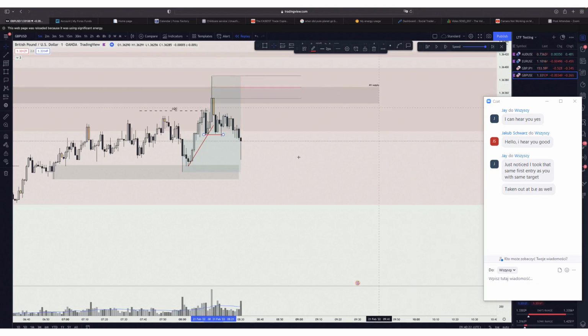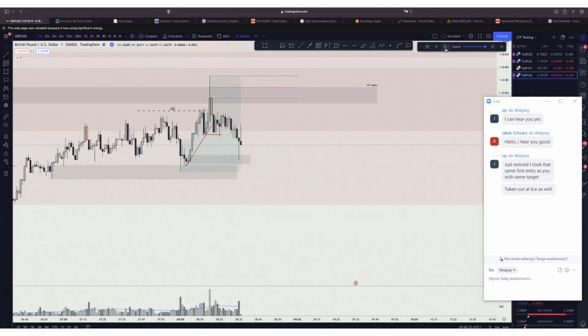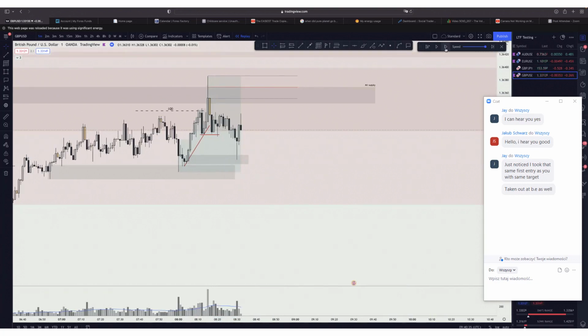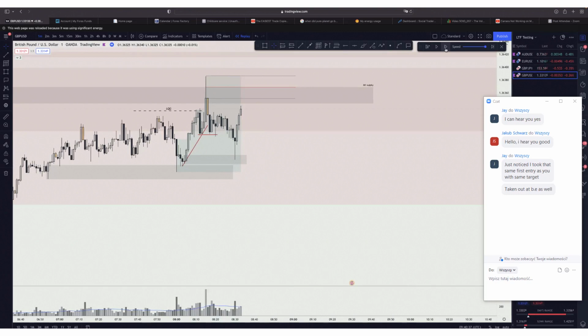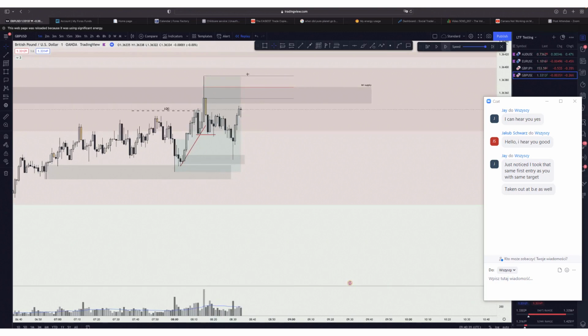Okay, so again, I'd be reluctant right now. There's a small demand there. That's rejected price, so I'd still be a little bit reluctant. Would I enter on that?